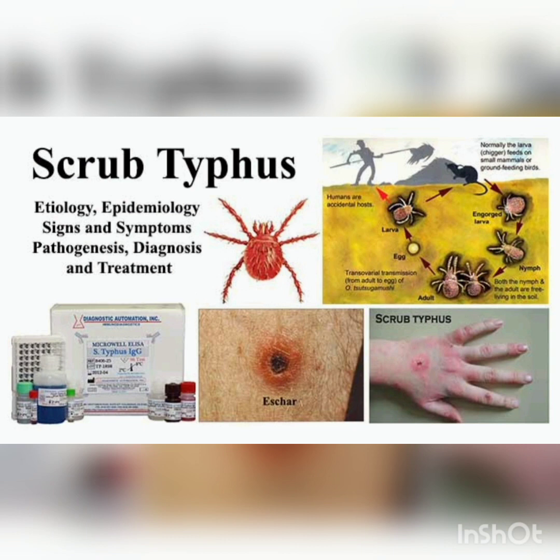It is very commonly seen in Asia, Indonesia, China, Japan, India, and northern Australia. The people who travel to such areas get infected by Rickettsiae tsutsugamushi, which causes scrub typhus.